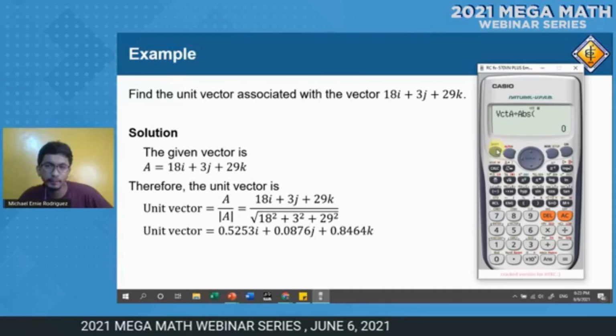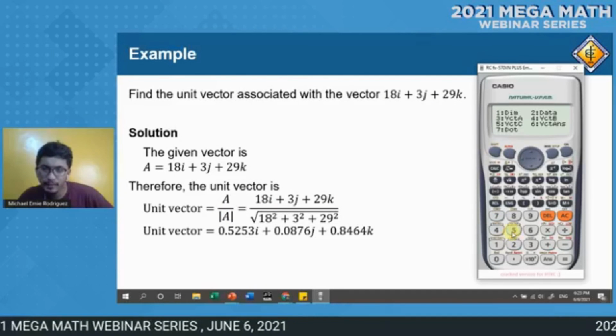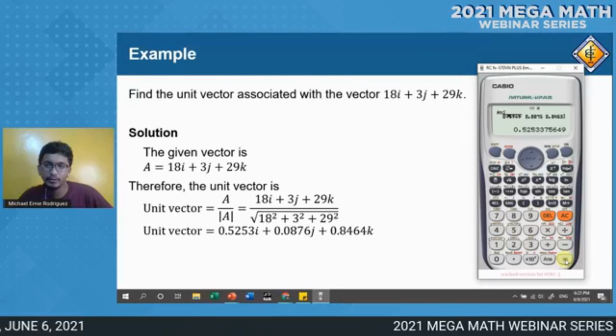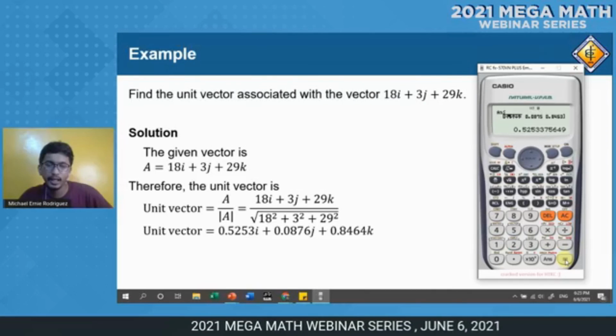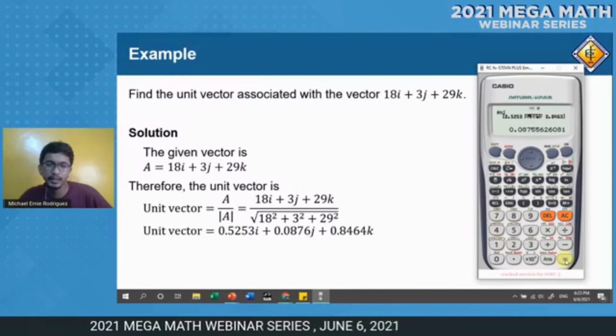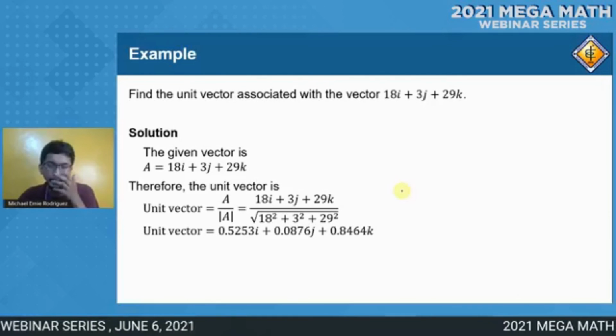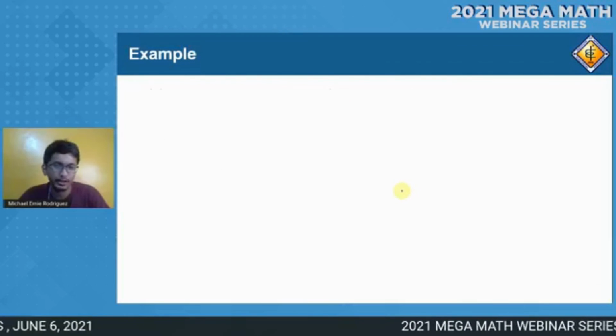And then vector A, shift 5, 3. So that is how you get the unit vector. So we get 0.5253i plus 0.0876j plus 0.8464k.